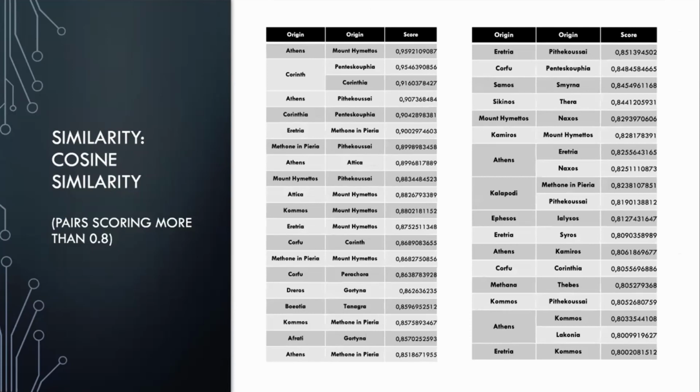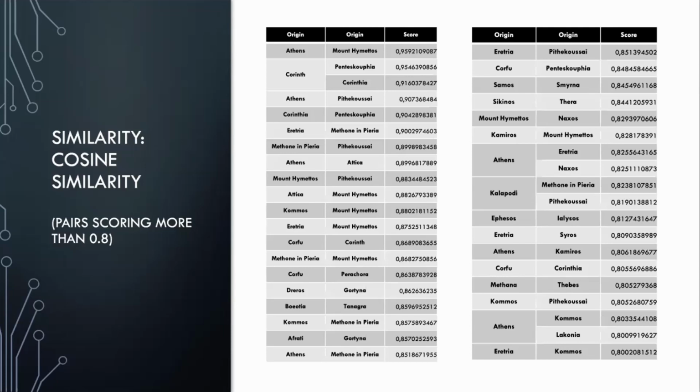Another interesting insight that we can derive from the TF-IDF scores is the closeness of these writing systems. So by using the non-normalized vectors and calculating their cosine similarity for each possible pair, we can measure how similar these alphabets are in graphematic terms.